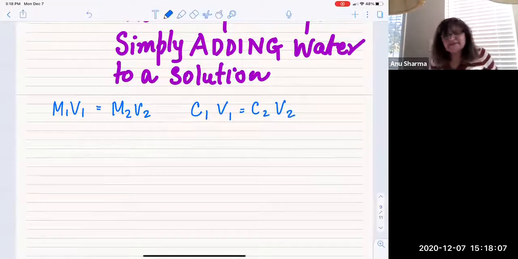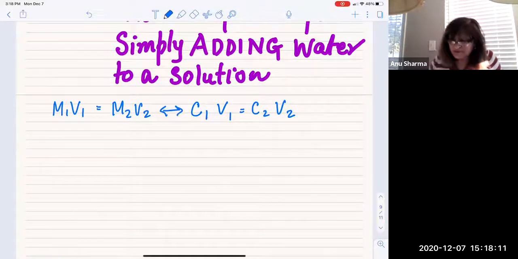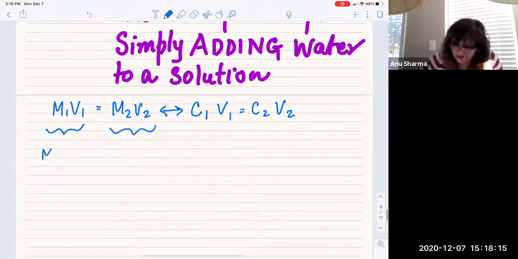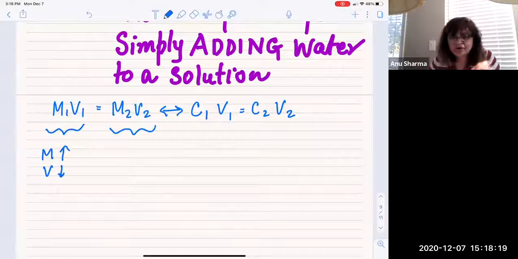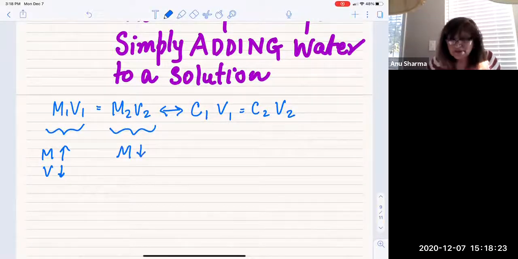So it's the same thing. Both of them are the same. On one side is a higher concentration, the value of M is large, and the value of volume is going to be lower. And here we are trying to make a solution which is less concentrated, and we are making a large excess of it. So volume is large.